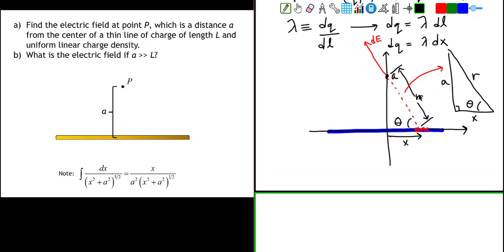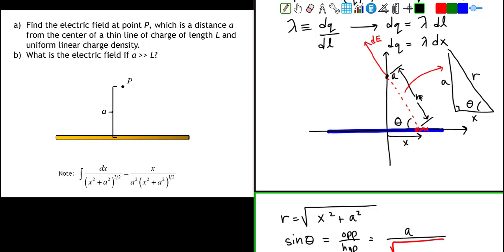From this, we see that r from the Pythagorean theorem is equal to the square root of x squared plus a squared. We also see that the sine of the angle theta, that's going to be associated with our y component, is equal to the opposite side over the hypotenuse. For us, the opposite side is side a, and the hypotenuse is the square root of x squared plus a squared.